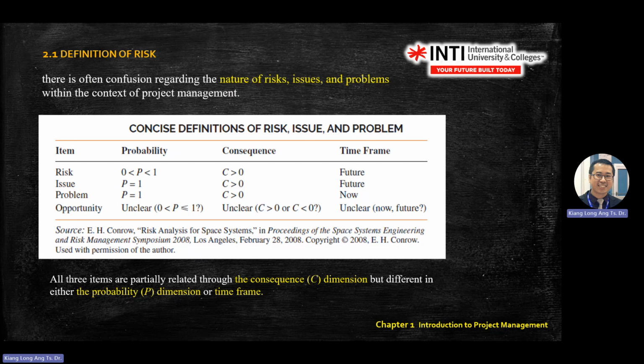Okay. So for example, you play with probability. Let's say we take a factory setup. Can you give an example? What is the risk based on this table? Can you give an example of risk and issue?